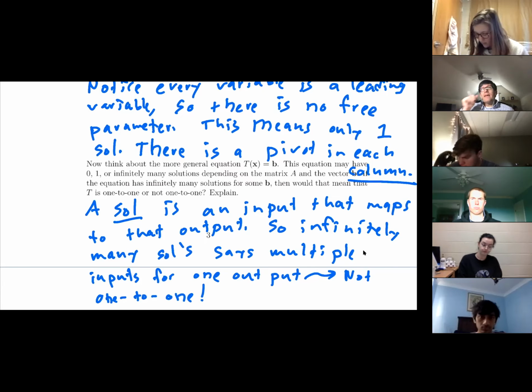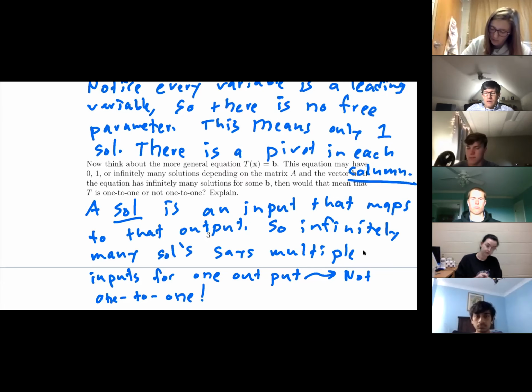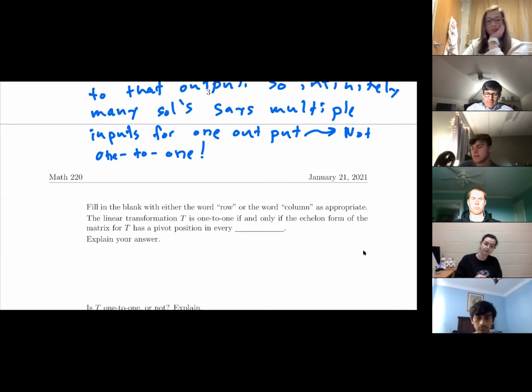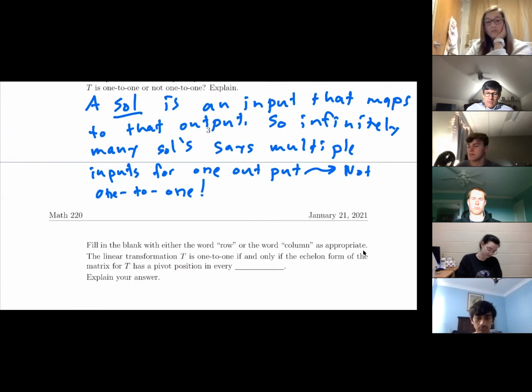Right? So if there's infinitely many solutions, we know that it cannot be 1-to-1. A solution is an input, and the b is your output. Okay, so fine. So I'm going to leave that here, maybe.